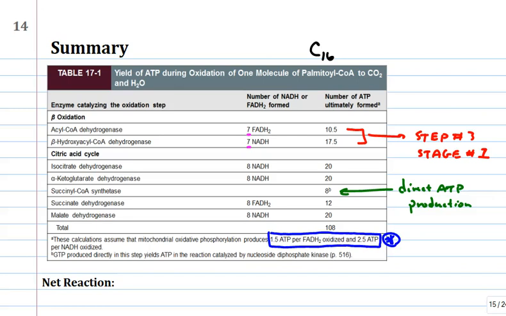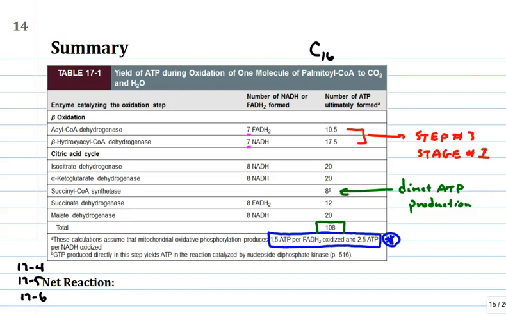So, drum roll please. You go through all of this. For 1 molecule of palmitoyl-CoA, you get 108 ATP. 108 ATP. And let's do the net reaction. Now, I think in the book 17.4, 17.5, and 17.6 kind of review this, but I'm going to do 17.6.